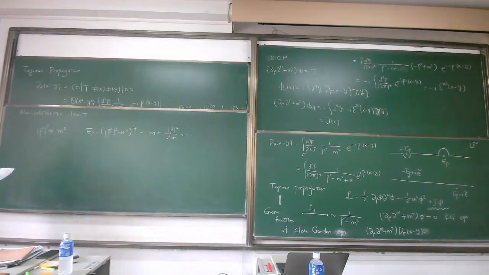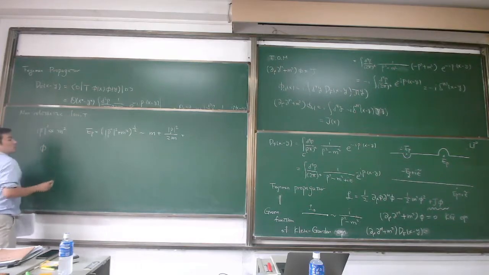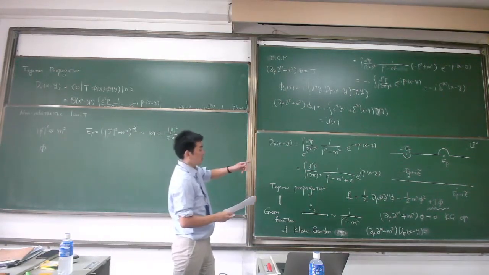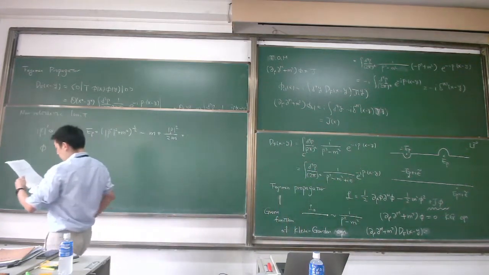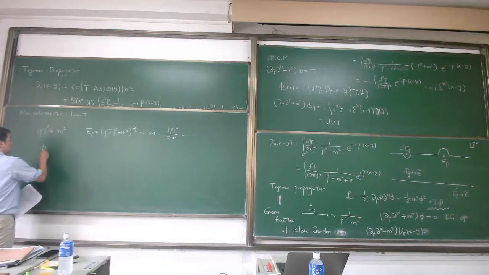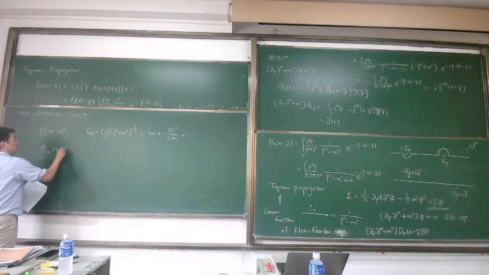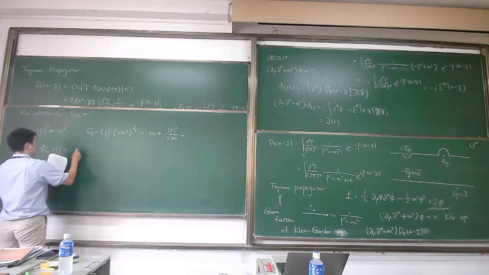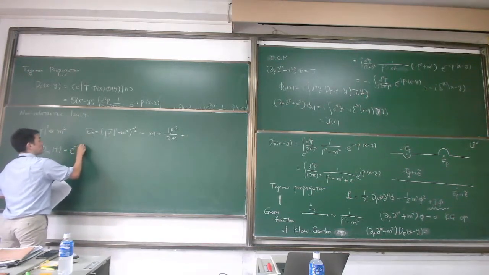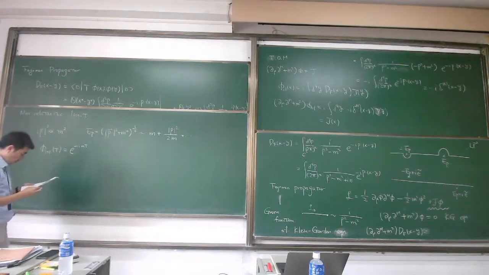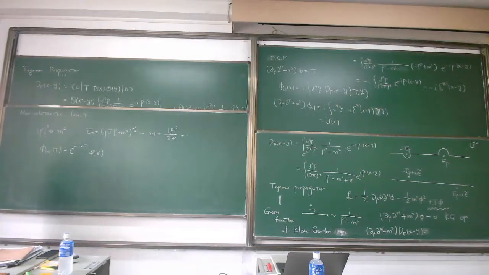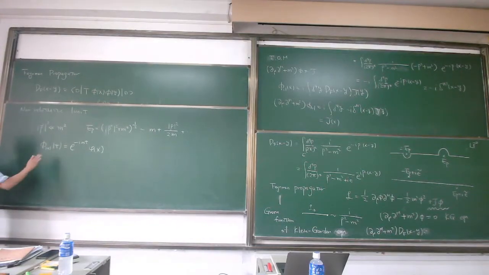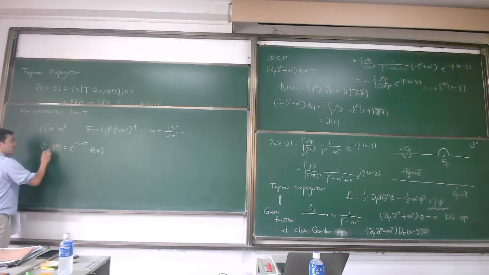And suppose that phi, so for the Klein-Gordon equation, we just look at some component. So we write e to the minus i m t times phi of x, where this is time t.